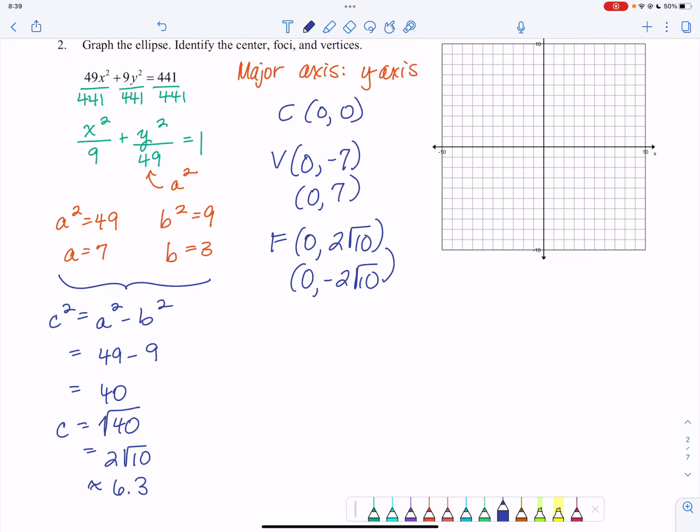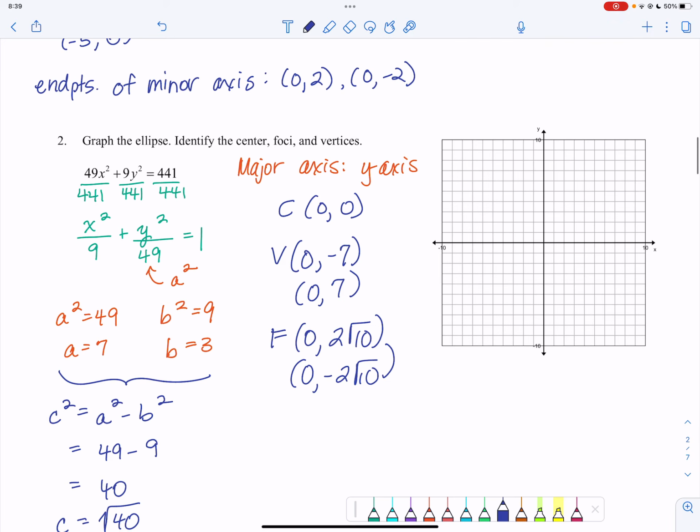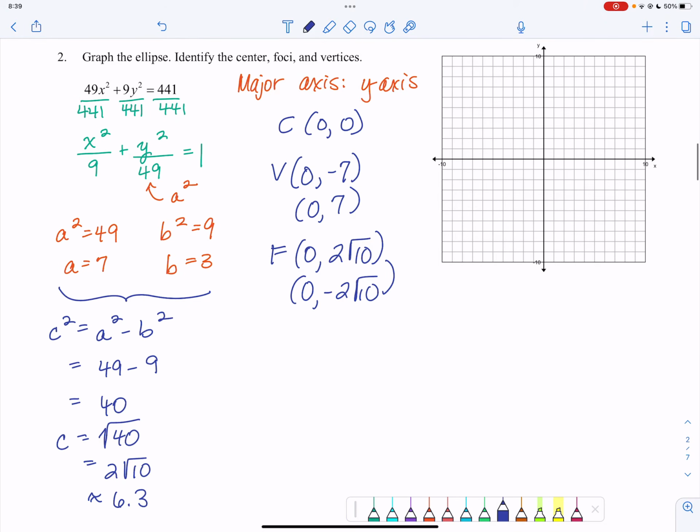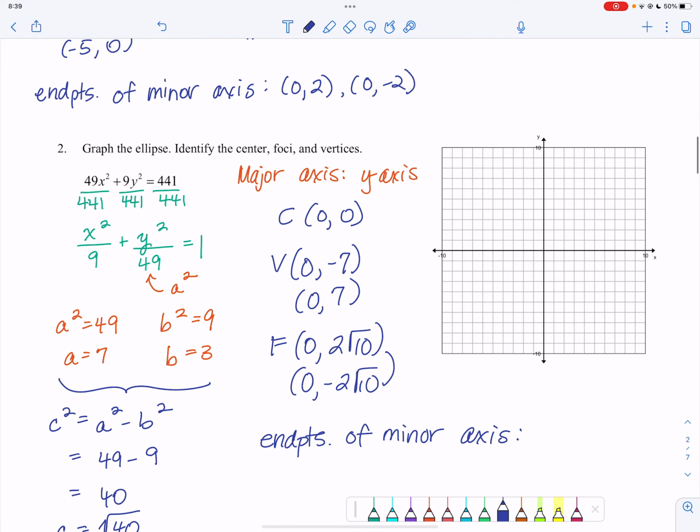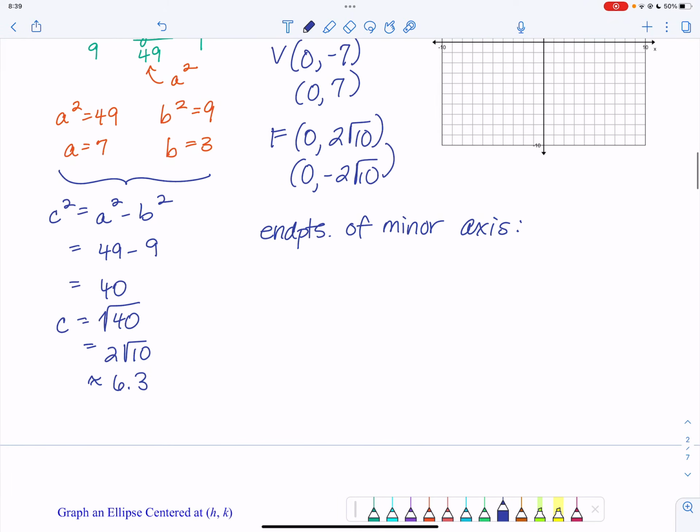Okay, and then we talked about the endpoints of the minor axis. Let's go ahead and do that again. The endpoints of the minor axis. And remember that uses c, so we'll have (c, 0) and (-c, 0).